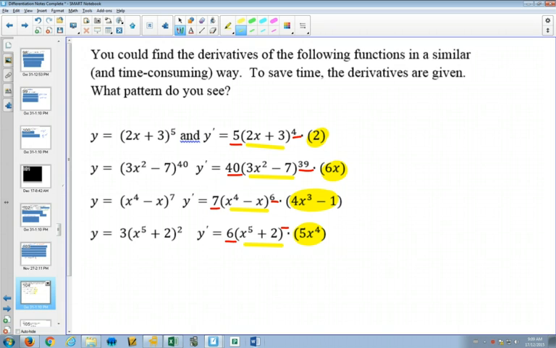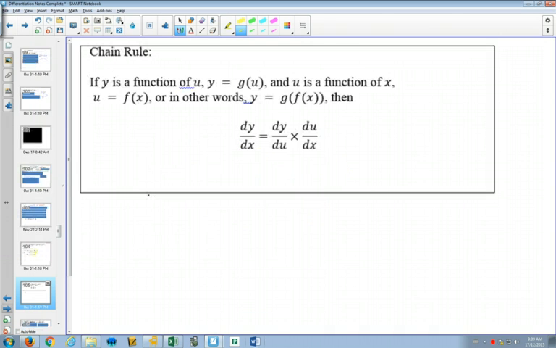And sometimes you'll have a function inside of a function inside of a function. Then you would do the derivative of the outside function, derivative of the inside function, which would have an inside function inside of it as well. So we'll look at all of that. But that is the idea of the chain rule. Okay?